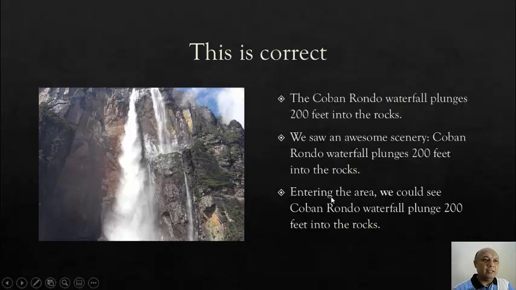Now, again, when you have a reduced clause like this, the subject of the entering here is the we. And if you translate it into Indonesian, it makes sense. Now, once you know that it makes sense, you know that you have the right sentence.